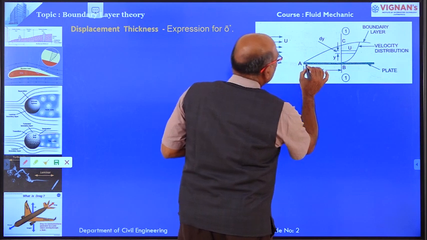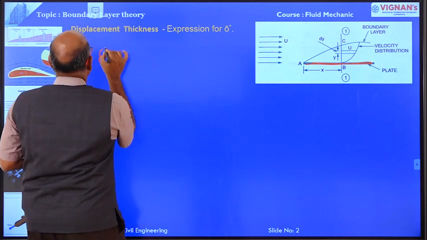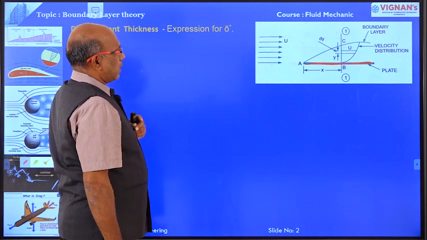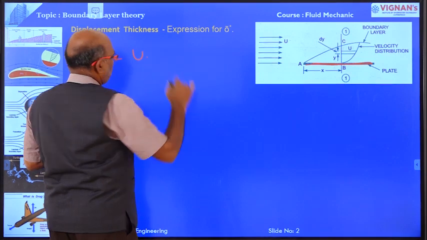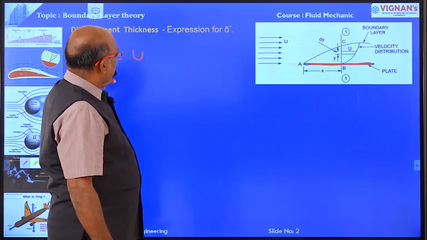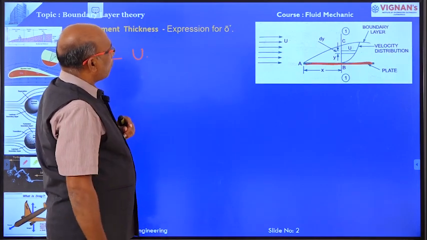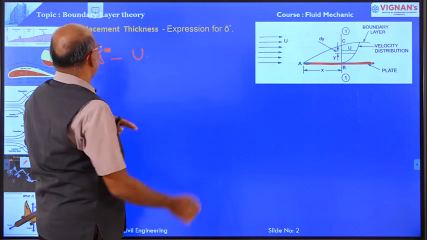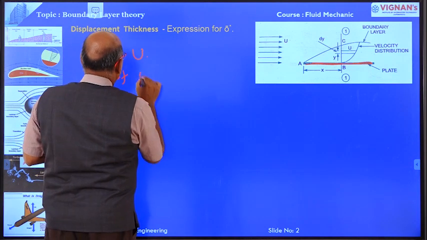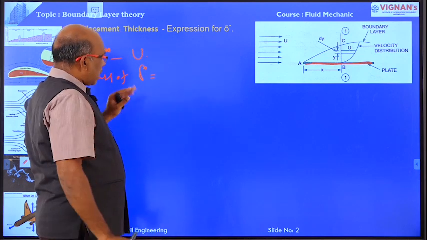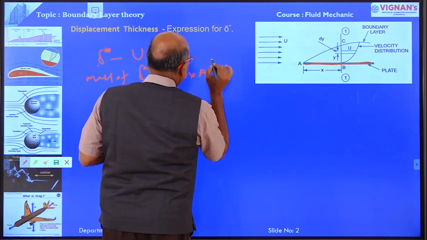Now this plate is displaced or shifted by a distance of delta star, and the velocity at a point delta star is capital U. Now the mass of fluid through this entire delta star strip is, here also, mass density into velocity into area.